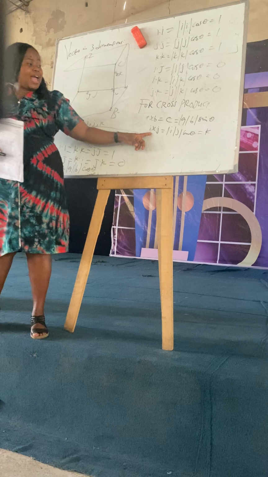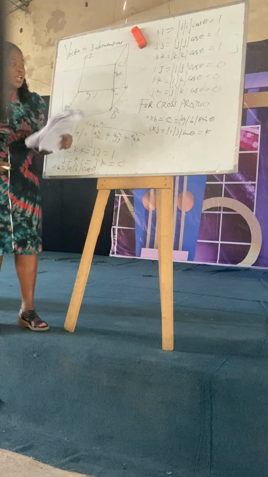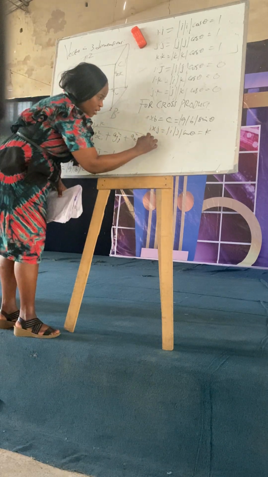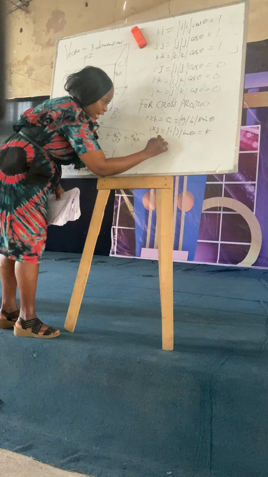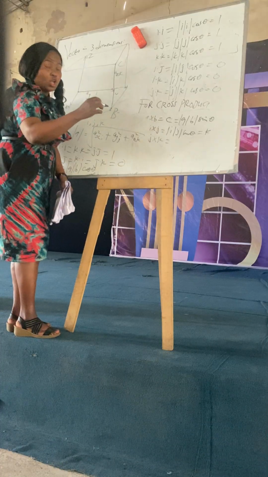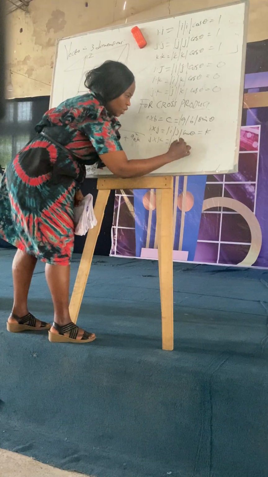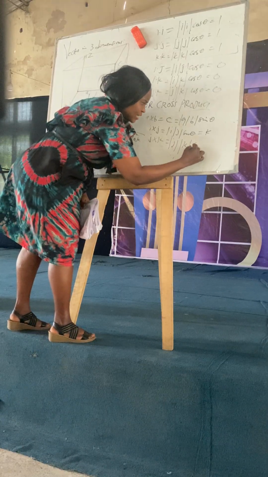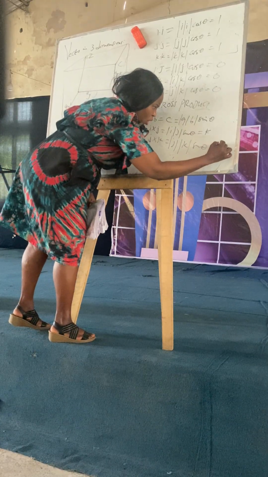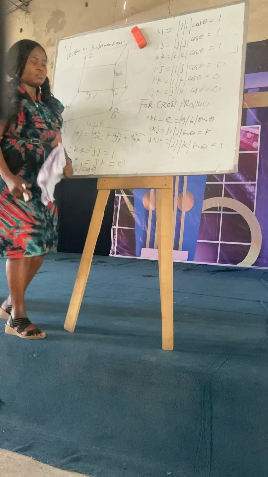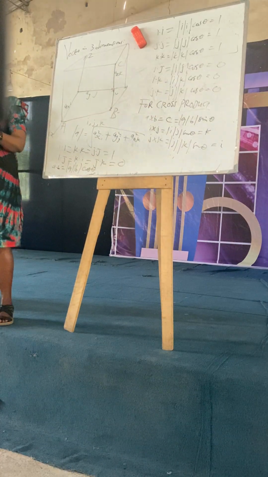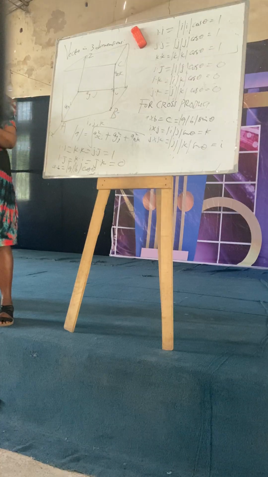Then we have I cross J is equal to K. Then the unit vector J cross K will be equal to another vector, I. We have modulus of J, modulus of K, sine theta is equal to I, and so on and so forth. You can also interchange.